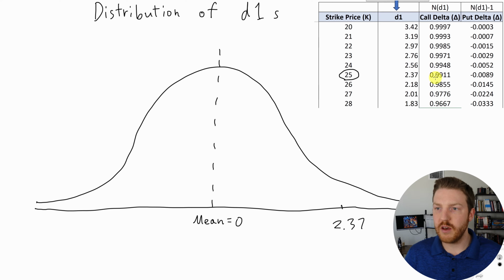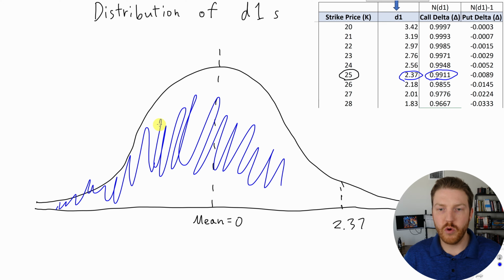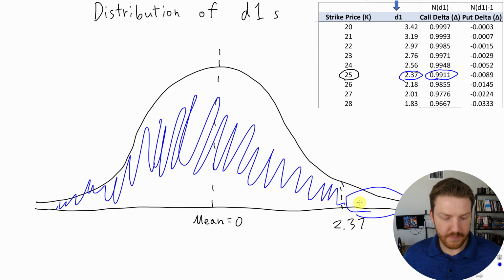Then we're going to say that in this distribution, we can assume that about 99.11% of the possible D1 values fall below this D1 right here. So if I just sort of draw this in, we're going to say that 99.11% of the possible values fall in this shaded blue area, and that basically 0.89% would fall in this area.